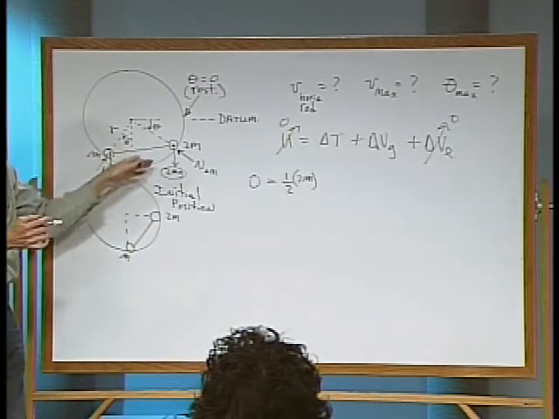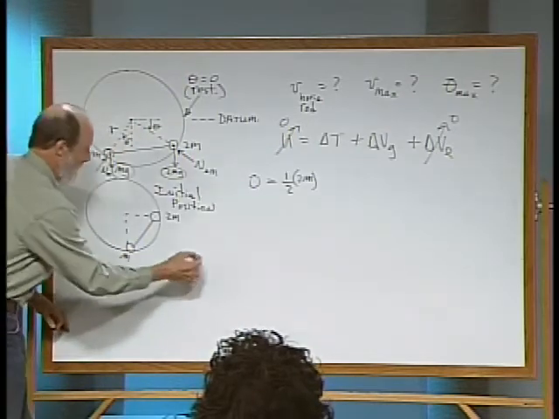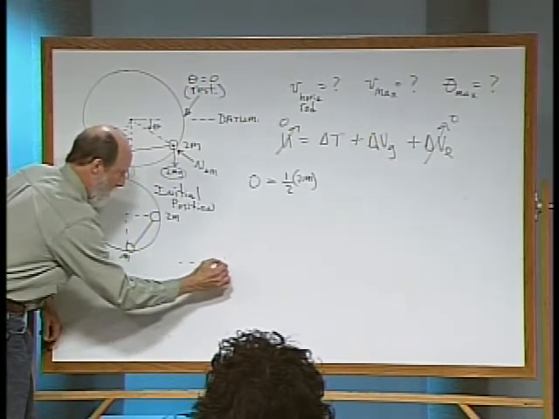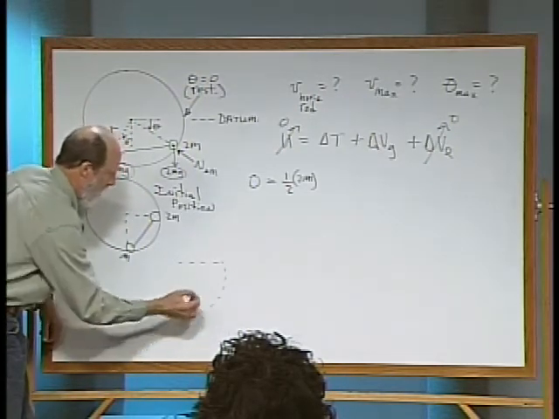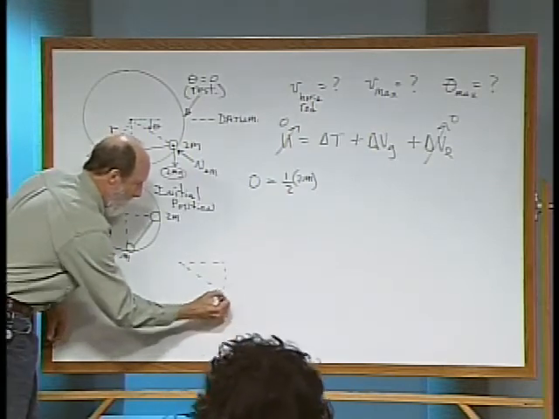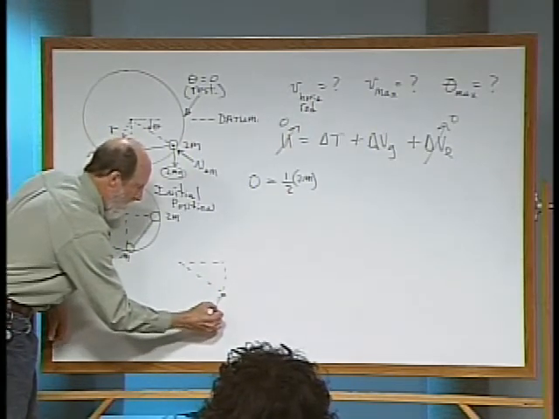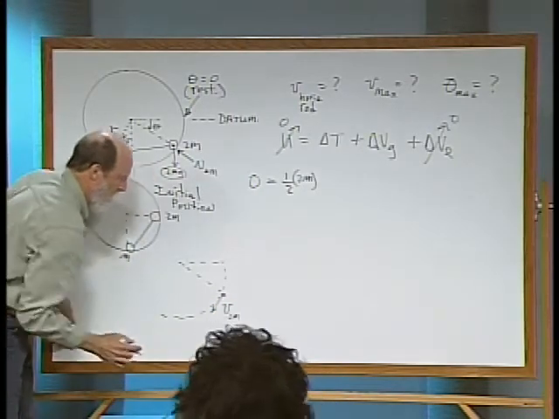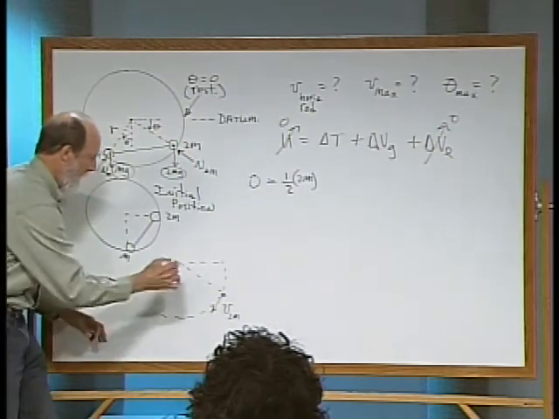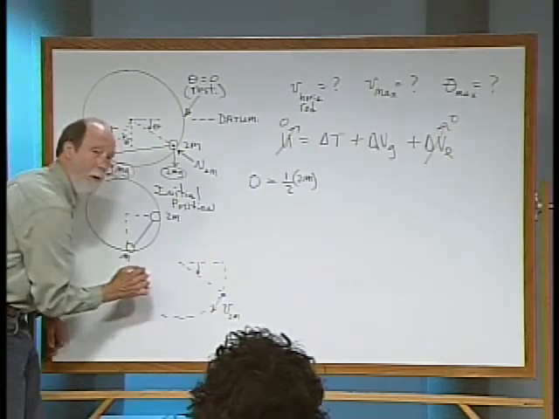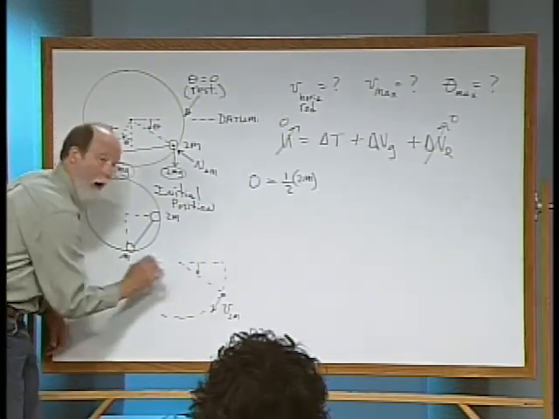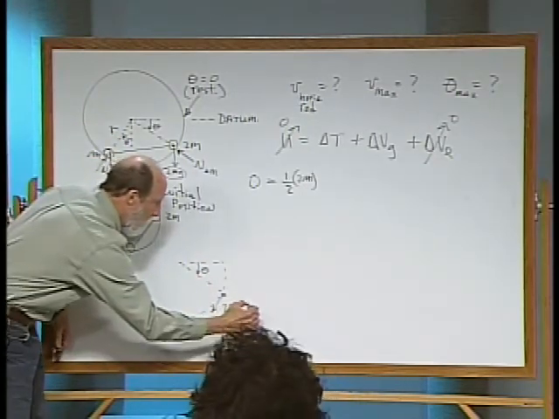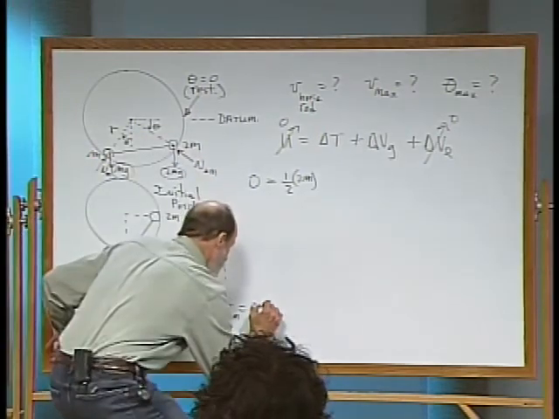Both masses are in circular motion, and you know that on a circular path, just draw part of it like this, the speed it's carrying, this is our double mass velocity, that's going to be equal to r theta dot. There's theta, so that's going to be equal to r theta dot.